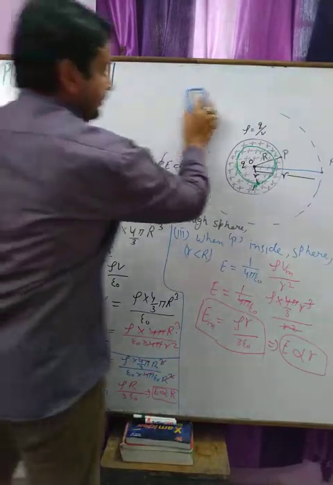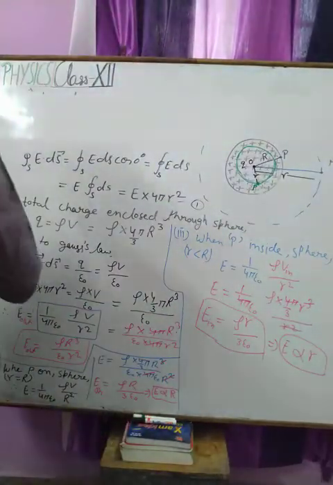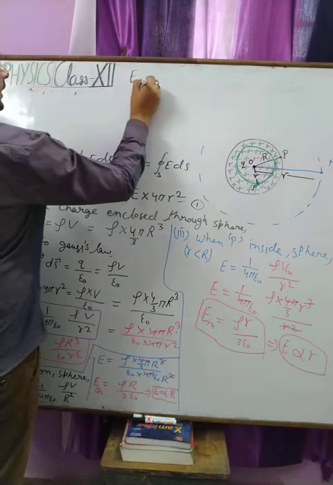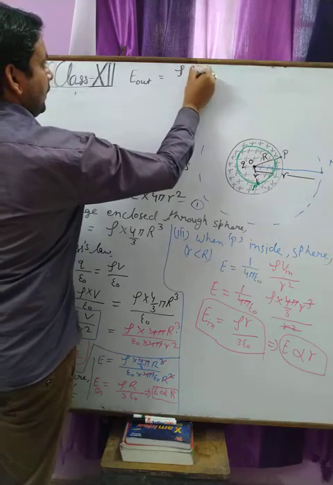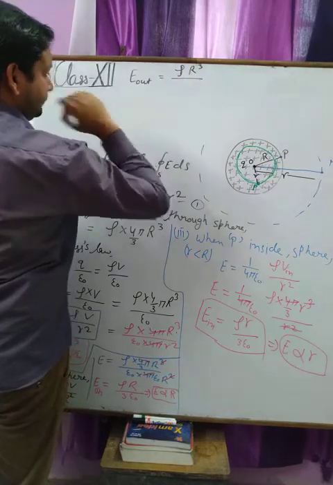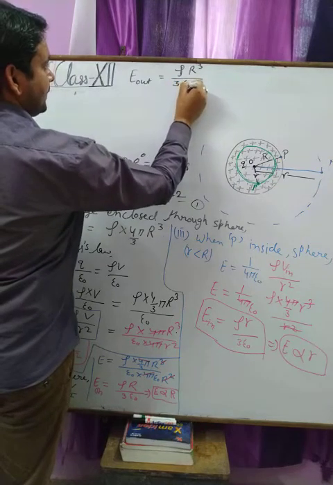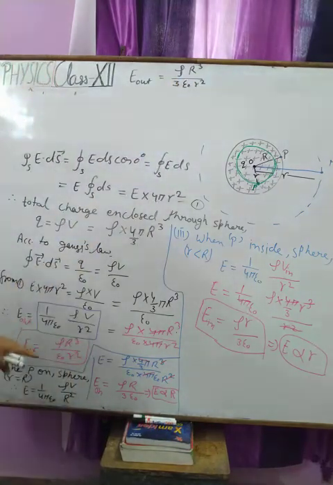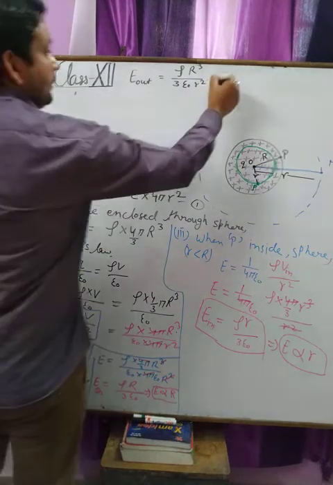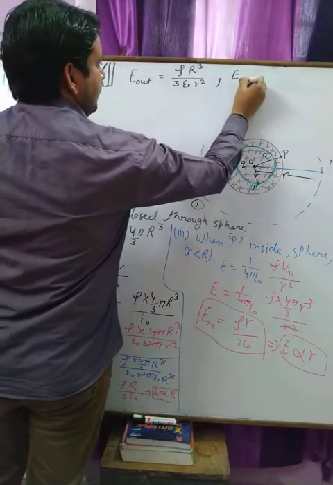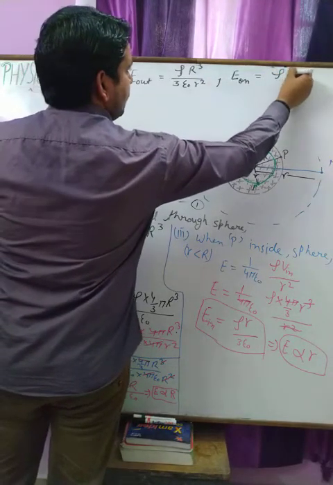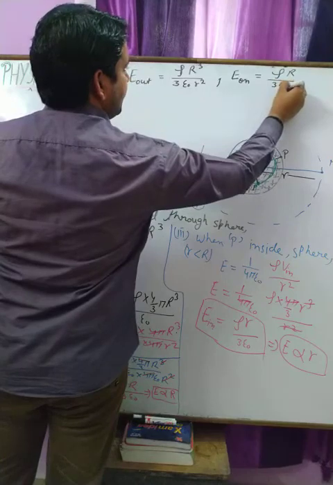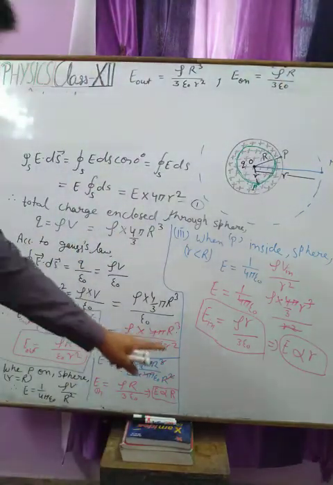Again we have three electric fields. E outside, which we get, rho R cube upon 3 epsilon naught r square. This you have, students. Then E on the surface is rho R upon 3 epsilon naught. Okay, student, this you will get here.